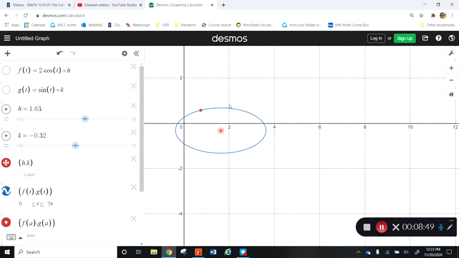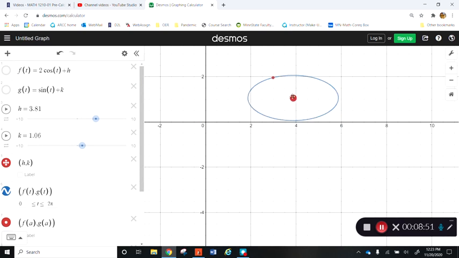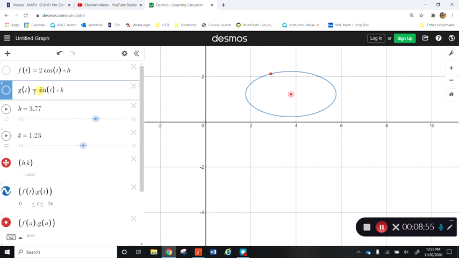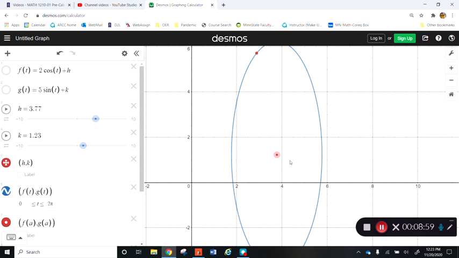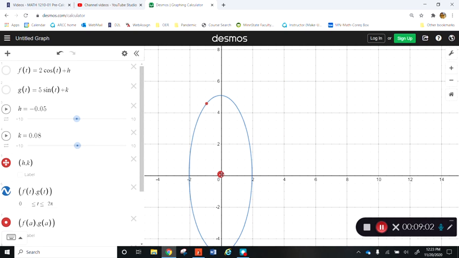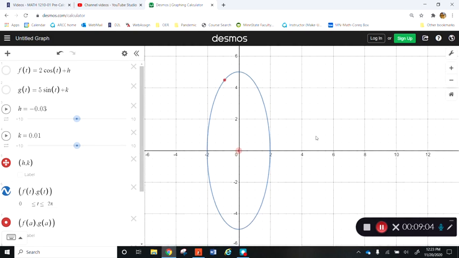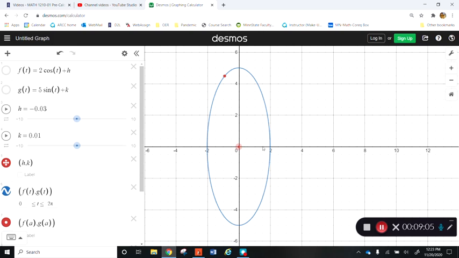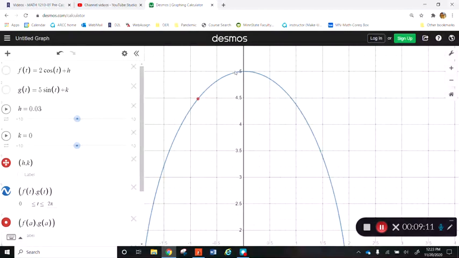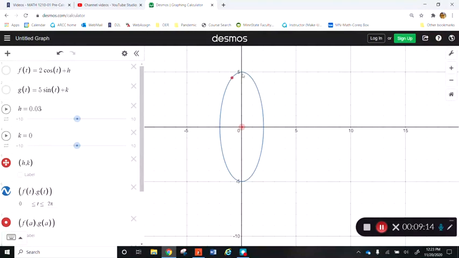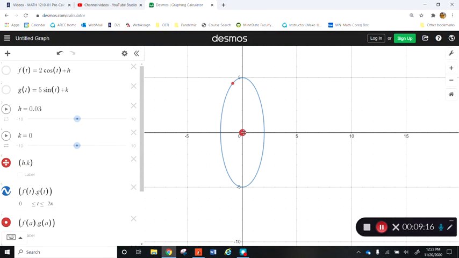So we can have this be any number we want, and this be any number we want. Let's say we make this like 5. Then if I center this, you can see clearly that the half dimension in the x direction is 2, and the half dimension in the y direction is 5. So these are the a and the b values essentially.